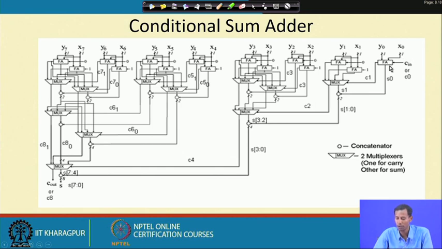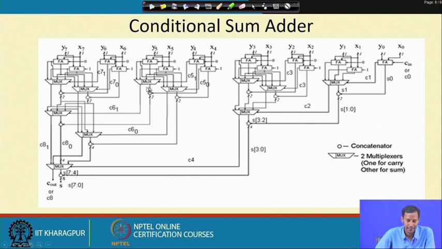In a group, this will affect this, this will affect this, and so on. So in the beginning we can draw this circuit for the even ones, and then for the odd one we will have 2 full adder cells along with these multiplexers.